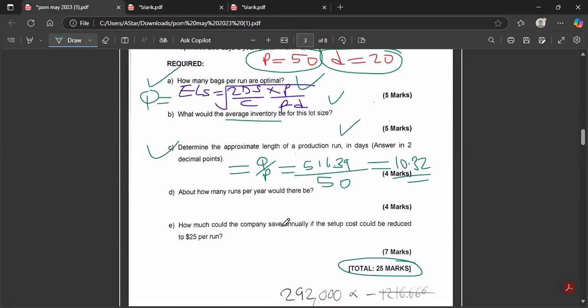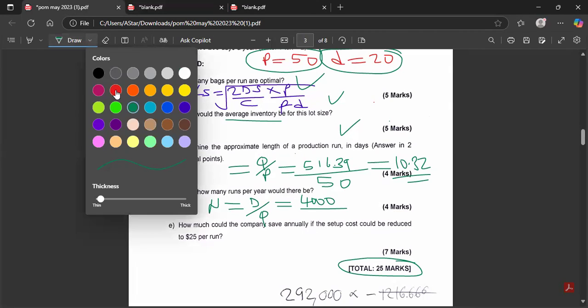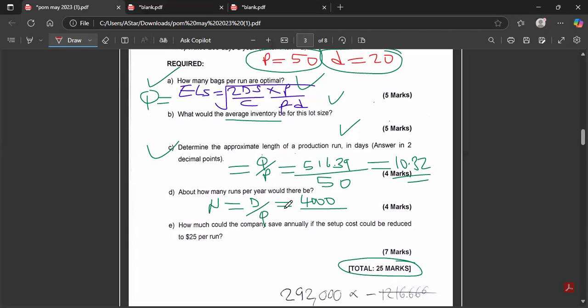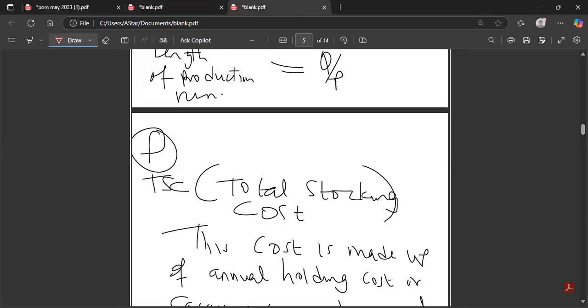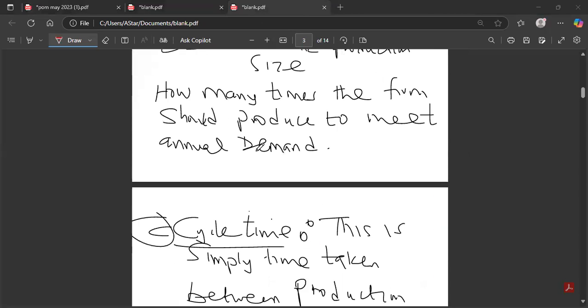So you have gotten here. How many runs are there per year? So the number of production runs is D over Q. 4,000 over 516.39. Number of production runs is equal to what?